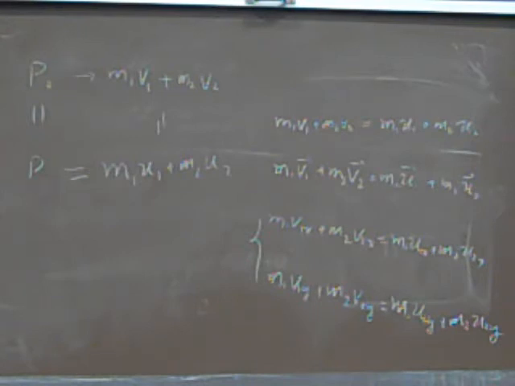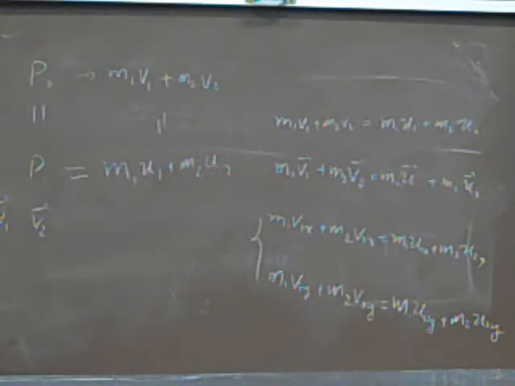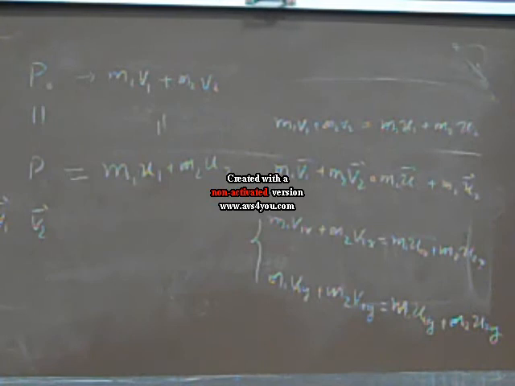So for a two-dimensional collision, you have two equations. Of course, that means sometimes you need to go through the procedure of vector decomposition. If you know v1, v2, then you have to decompose them to get v1x, v2x, to put into the equation. But in this problem, fortunately, you don't have to decompose.